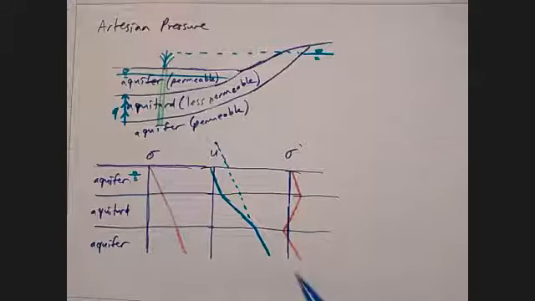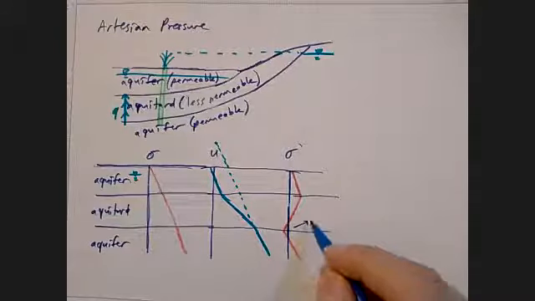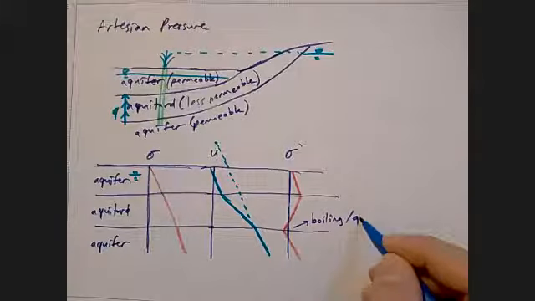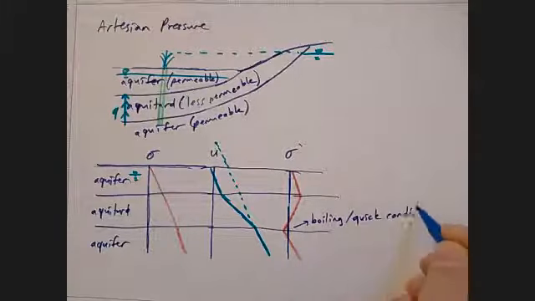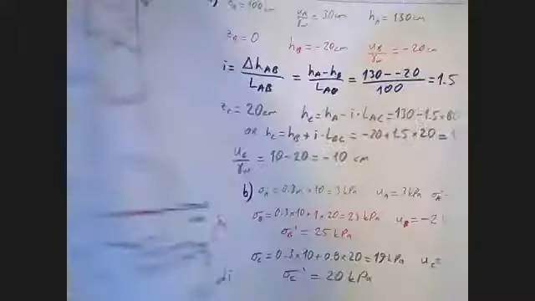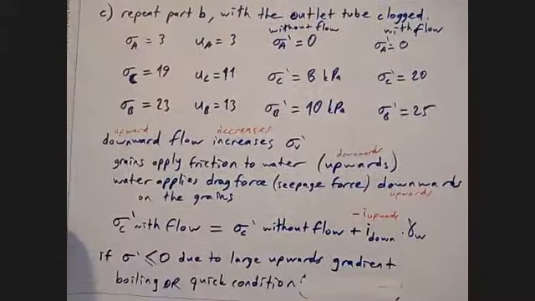So once again, this means you have boiling or quick condition, which we have discussed in one of the previous videos. We said it happens if you have too much upward flow.